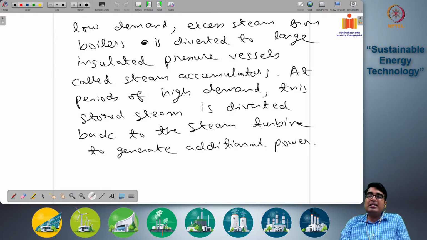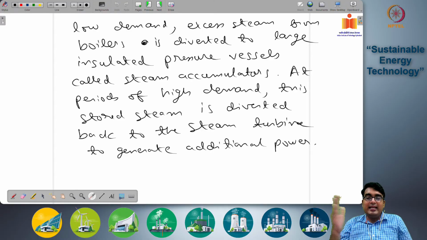Okay, this steam power plant may be related to a nuclear power generation system, a hydrothermal power generation system, a traditional coal power generation system, or a biomass based power generation system.